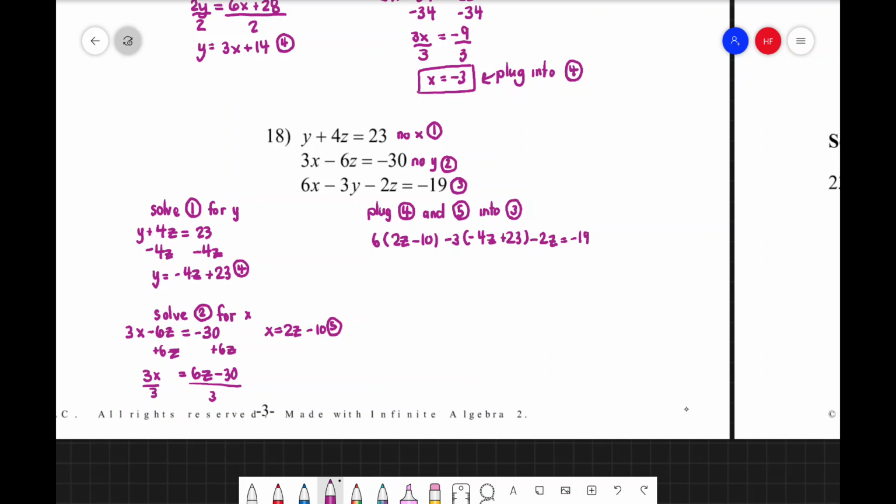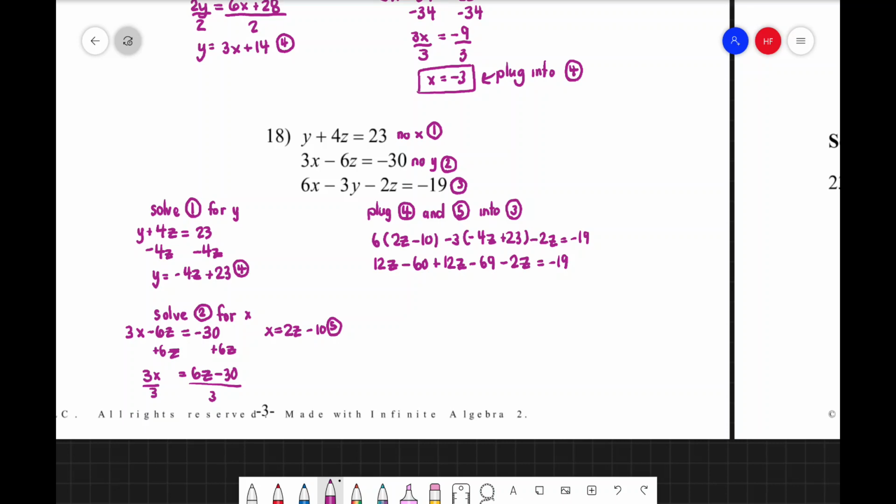Distribute that 6, and I get 12z minus 60. Distribute that negative 3, I get plus 12z minus 69, minus 2z equals negative 19.